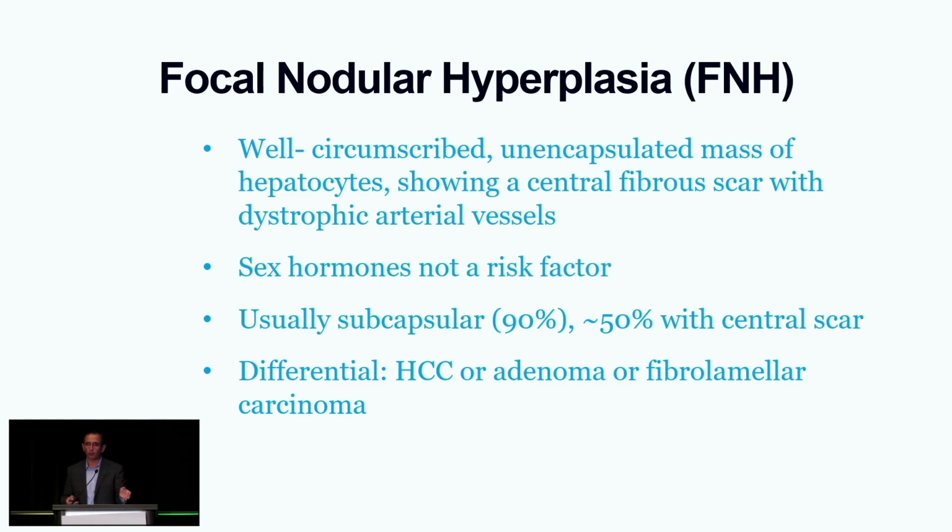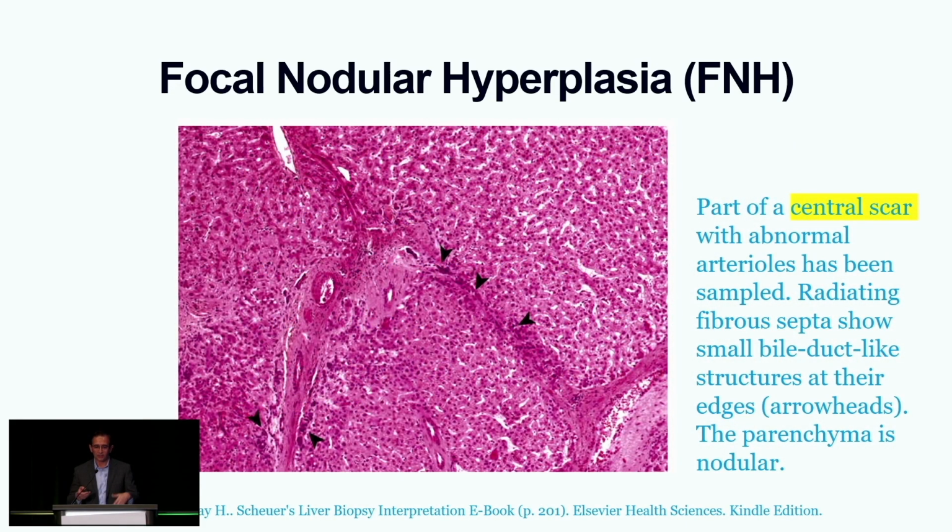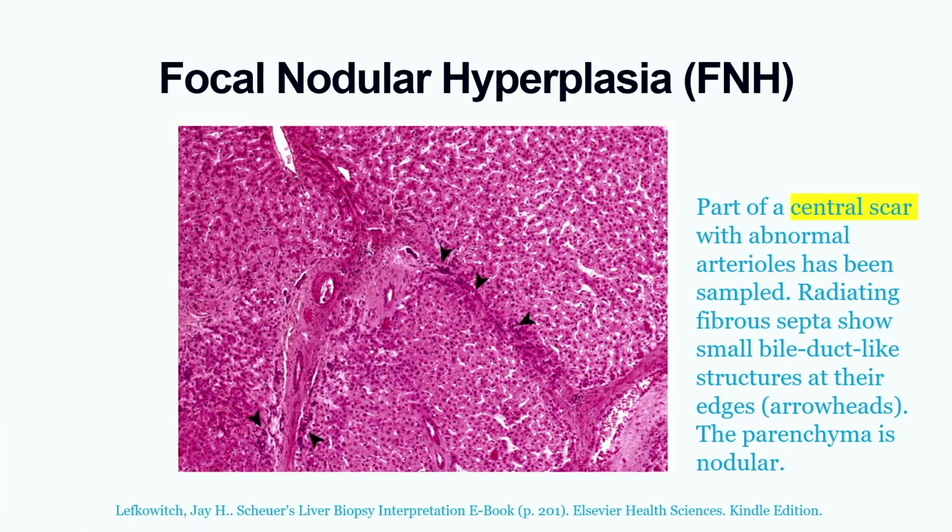The site is important because most of FNH is subcapsular, and as I mentioned, at least half would have a central scar. So just to emphasize the point, central scar, abnormal arterioles, normal cells. These normal cells and normal ducts will come in handy later on when we're trying to differentiate it from adenomas, okay?